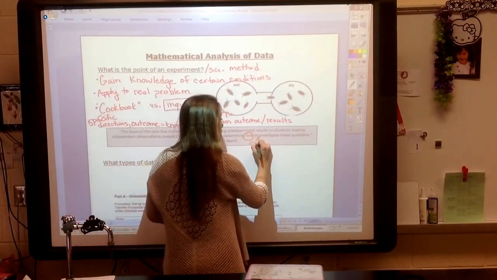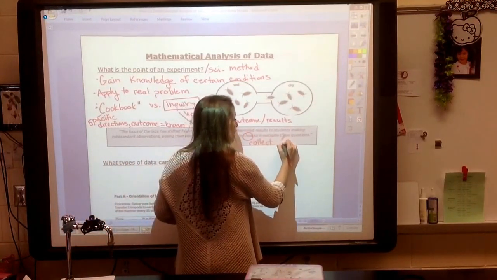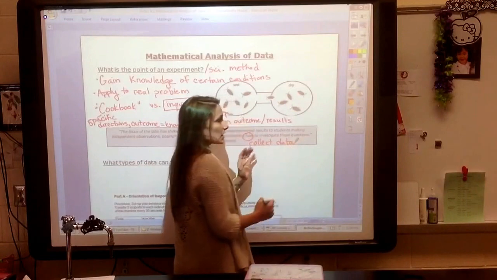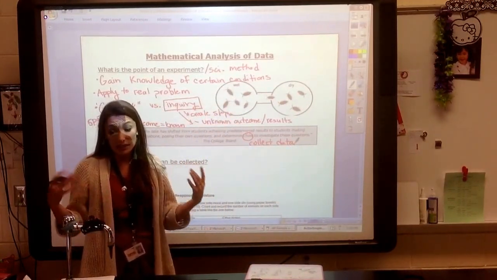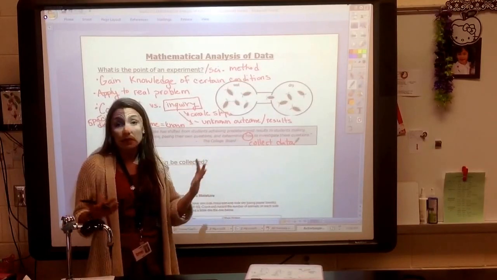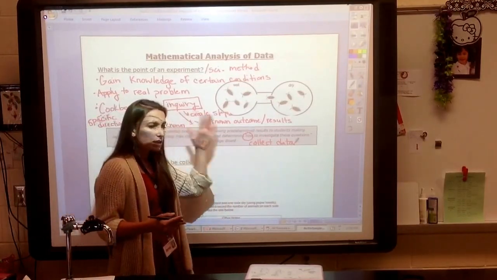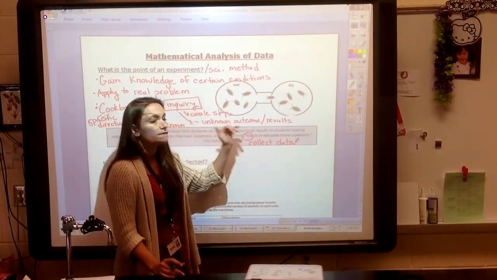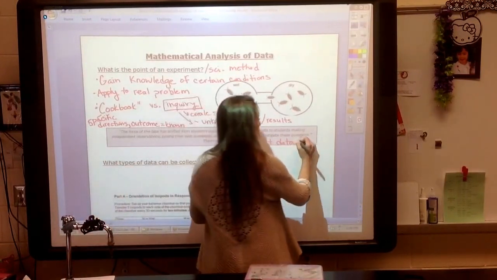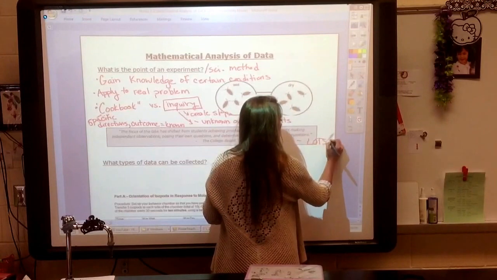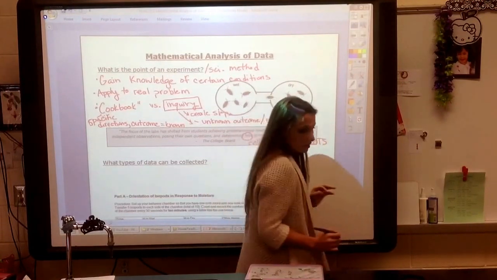But a big part is going to be how do you collect the data? And that's what we're really looking at in starting the year by letting you just design a beginning experiment, so you start thinking about how do I investigate a question? How do I collect data? Now let's keep in mind one of the big things you want to do is collect lots of data.